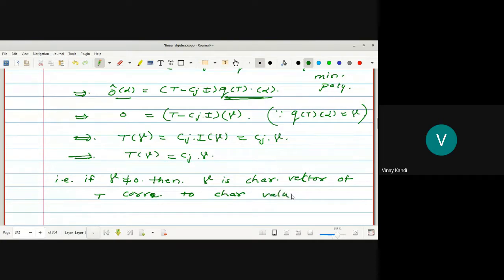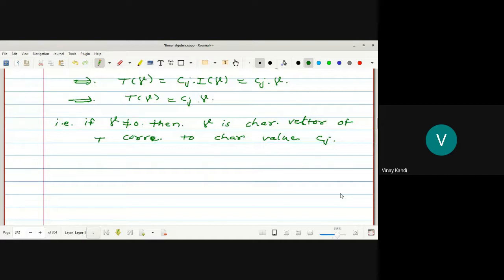Is it correct? Gamma is invariant under T, so this gamma belongs to W by definition. So gamma, Q of T of alpha, belongs to W.